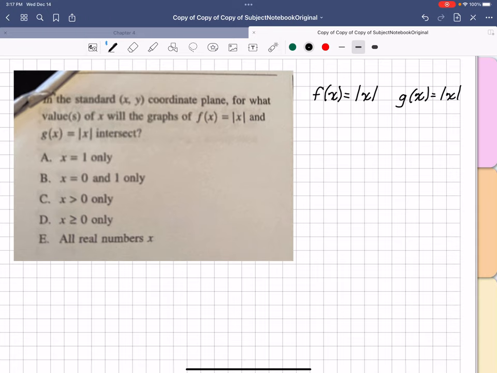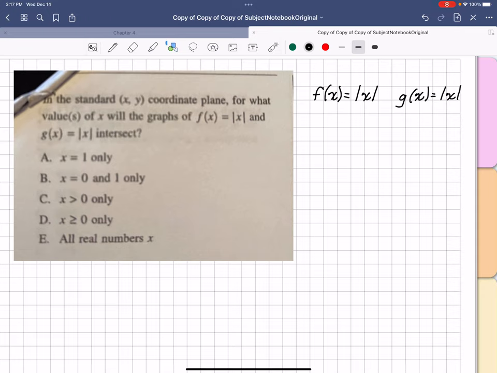So the first thing I notice here is that the functions are identical except for the notation. So it doesn't matter what I put in for x, as long as it's the same in both functions, I'm going to get the same outputs.